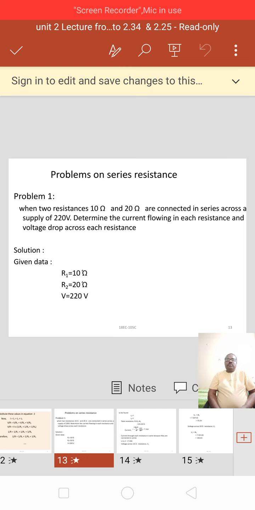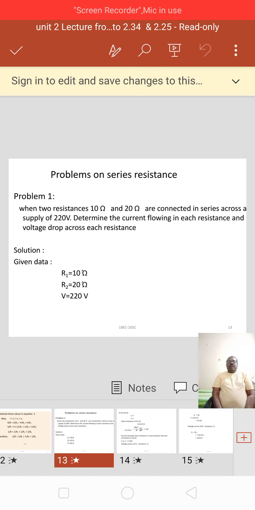Here I have given some problems on series resistance. When two resistances of 10 ohm and 20 ohm are connected in series across a supply of 220 volts, determine the current flowing in each resistance and the voltage drop across each resistance.